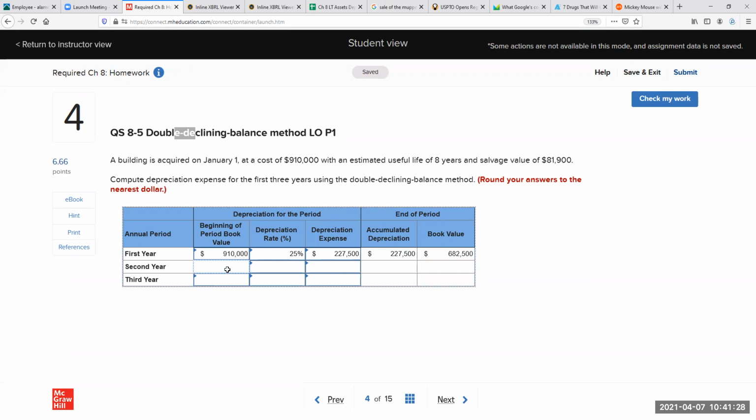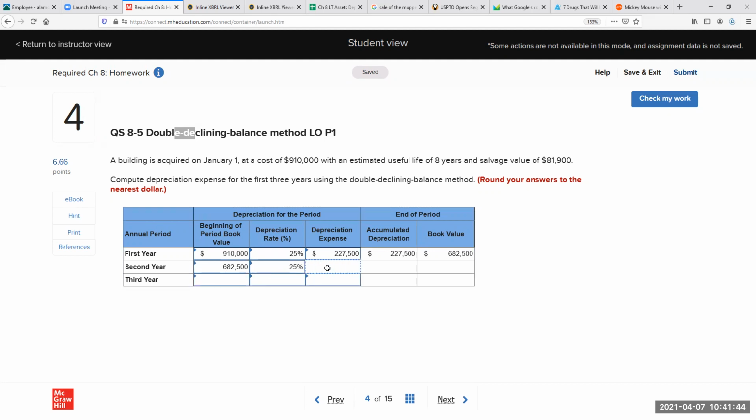Now the second year, you have to start off with the book value, and the book value is what you paid the first year minus what you've recovered through depreciation. You have to put in the 682,500 here, and it's still a 25% rate.